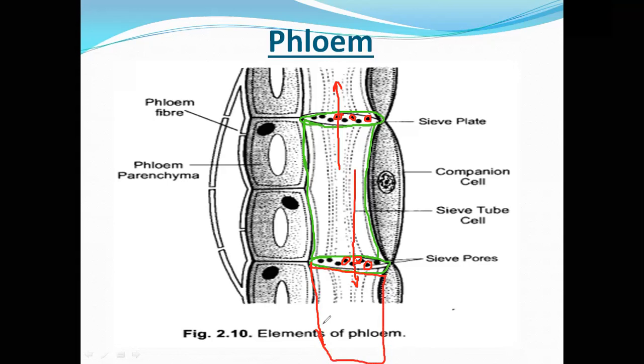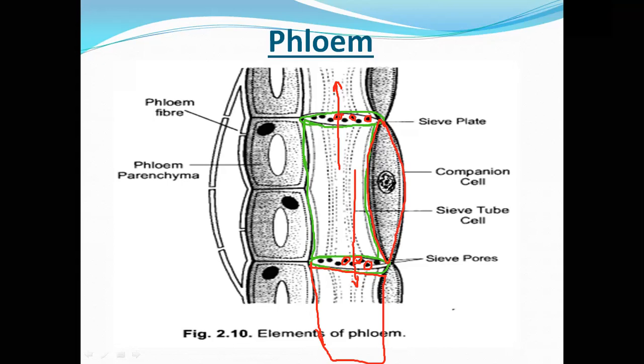This is in the center. Here there is an associated cell, that is the companion cell. This is a living cell, having dense cytoplasm as well as a nucleus.